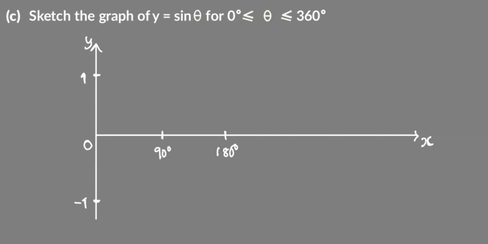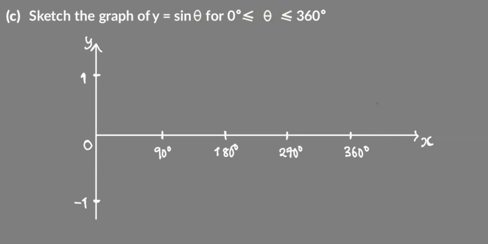After the 180, we're going to have 270. Notice they've told us for 0 degrees up to 360. So the last number here is going to be 360. Our graph can keep going over and over again. But for this question, they've told us we're going to end on 360.